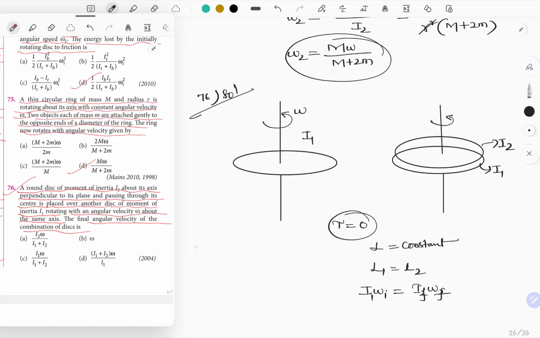It is better. So I initial is I1, omega 1 is omega, I final is I1 plus I2, omega final is omega 2. Omega 2 can be represented as I1 omega divided by I1 plus I2. So which option matches?